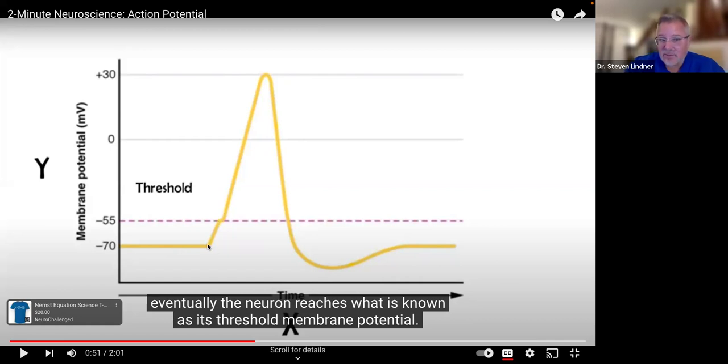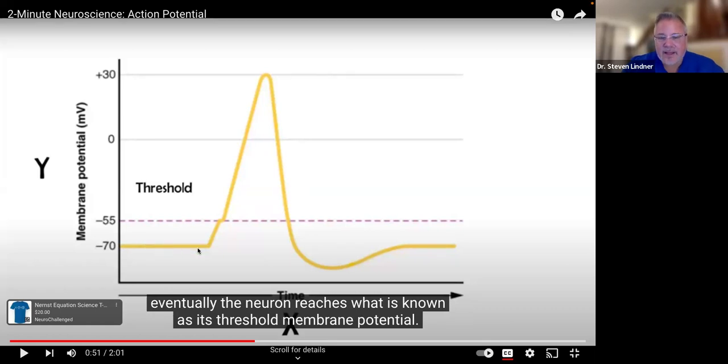Or I could say it's moving in a more positive direction, right? Because it goes negative 70, negative 69, negative 60, negative 55, negative 50, all the way to zero, and then you become more positive.